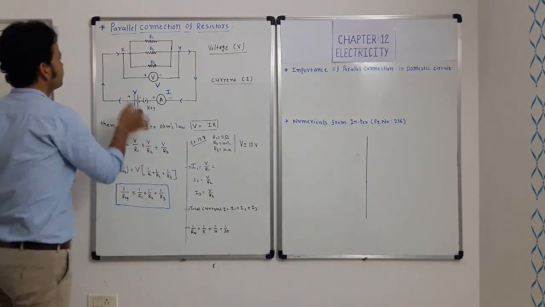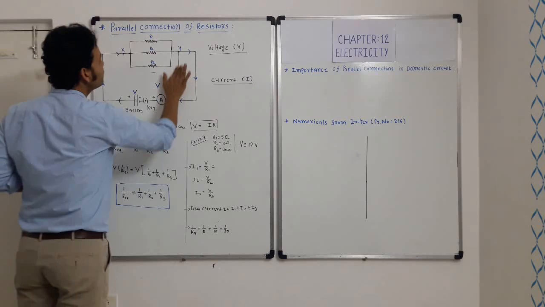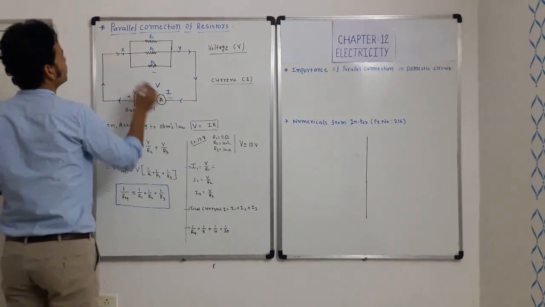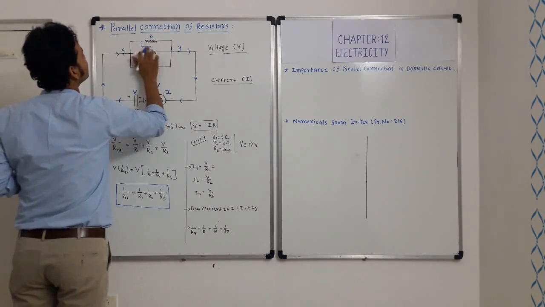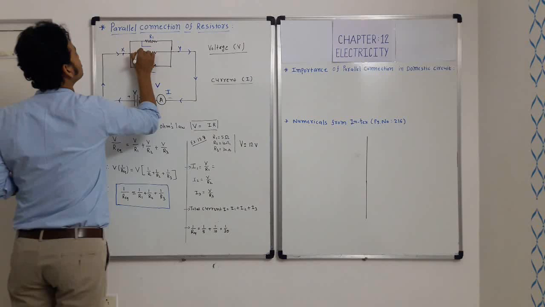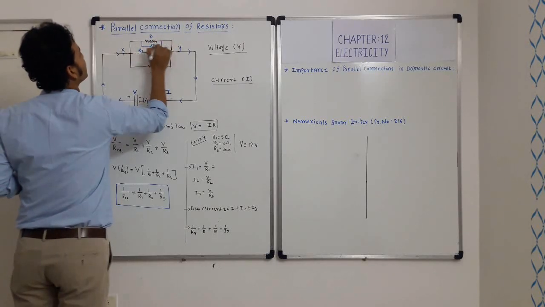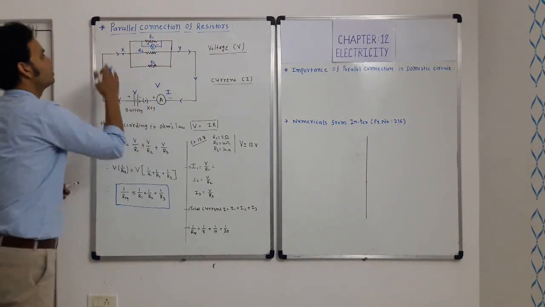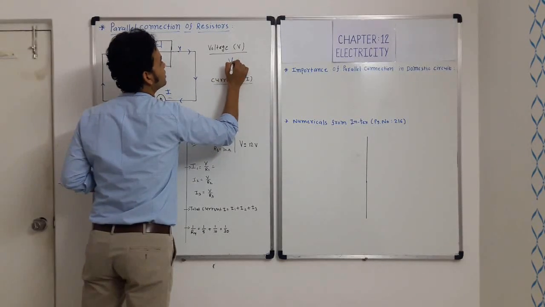So we first remove this voltmeter from here, and connect the voltmeter individually across R1. This is plus and this is minus, and we are measuring the voltage. Let's say this voltage is V1.